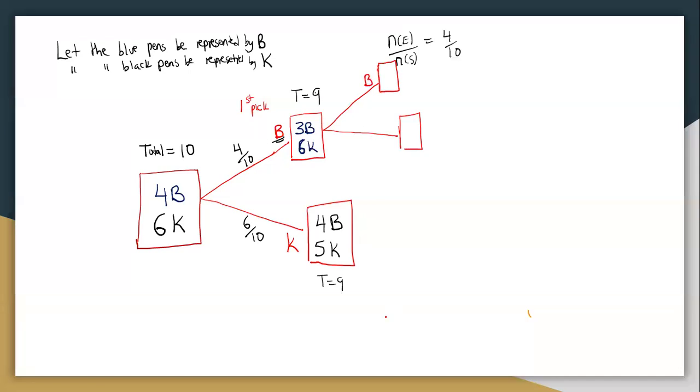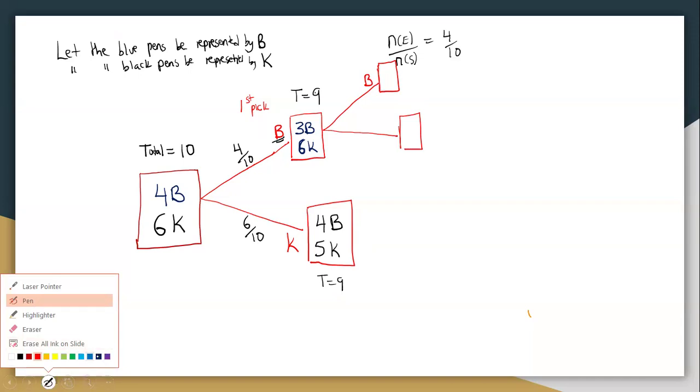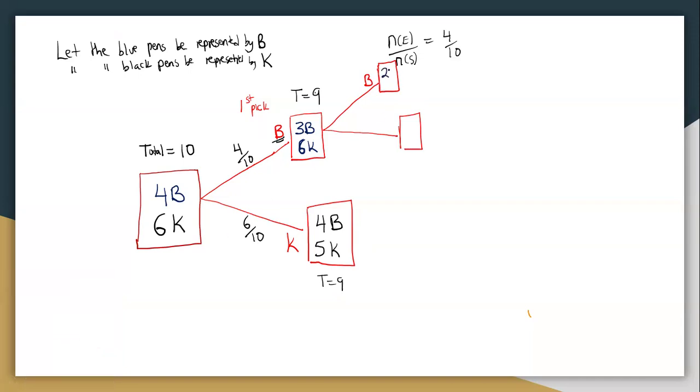I'm just going to choose randomly. Shekaina, unmute. Now, if I have picked a blue one, how many blue pens are we remaining with? We are going to remain with 2 blue pens. What about the black one? 6. Okay, thank you.